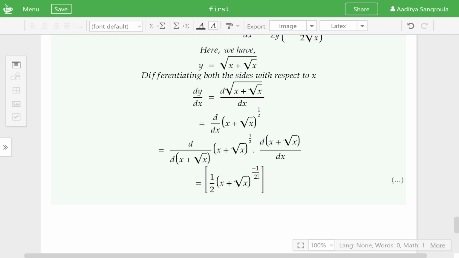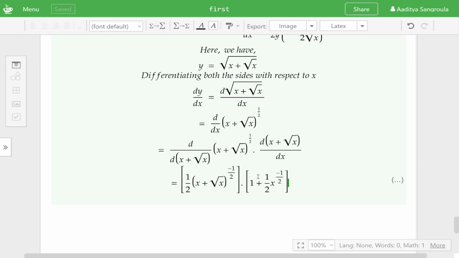Right, like that. Now we can differentiate the other function as well, d over dx of that. So that's 1 plus the derivative of x to the power 1/2, so 1/2 times x raised to the power 1/2 minus 1, that's minus 1/2, right? Because 1/2 minus 1 means minus 1/2.